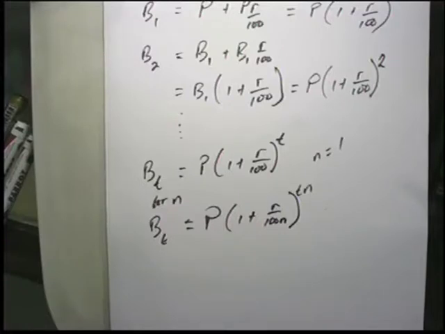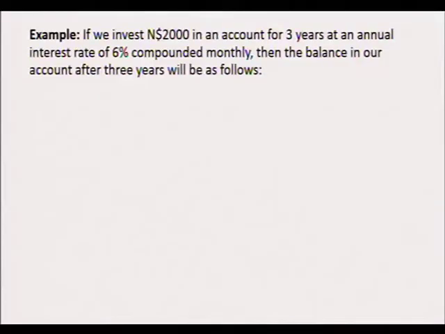So that's what we have when it comes to compound interest. Right, now let's take a quick example. We have almost the same scenario, the same number of years, the same amount of money that we are investing, the same interest rate, but in this case we are compounding. So it's compound interest, not simple interest like it was in the previous example.